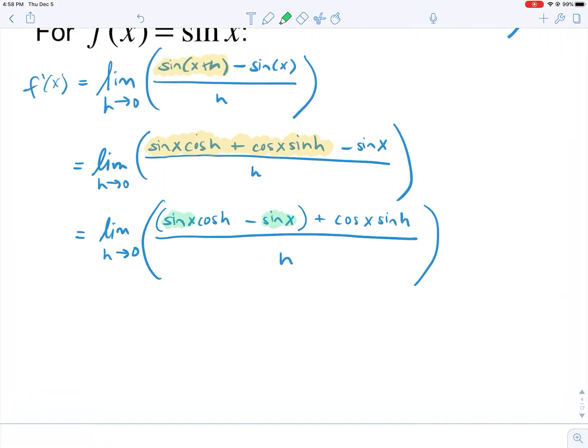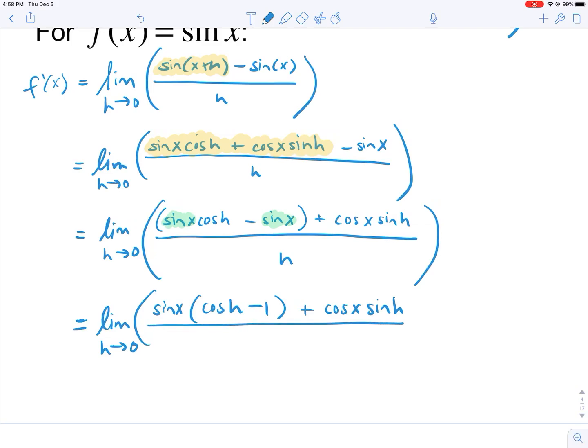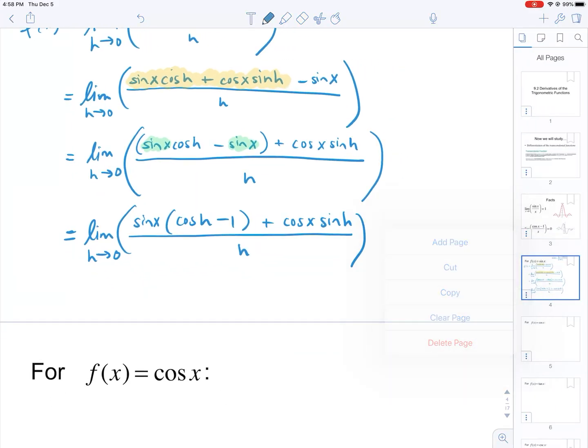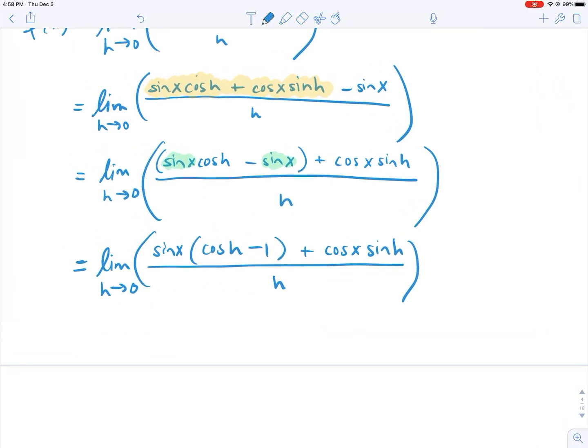So I'm going to factor out a sine of x. And then here is where I'm going to add a page because I'm not done yet.